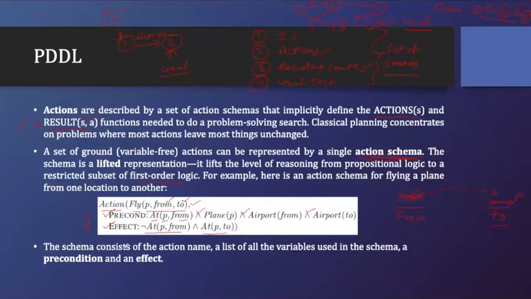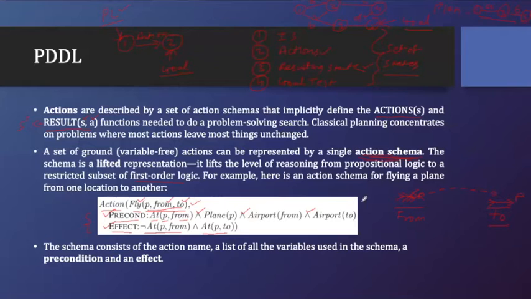The schema consists of the action name, a list of all the variables used in the schema, a precondition, and an effect. So when we write any action in PDDL, we should have all those things with it.